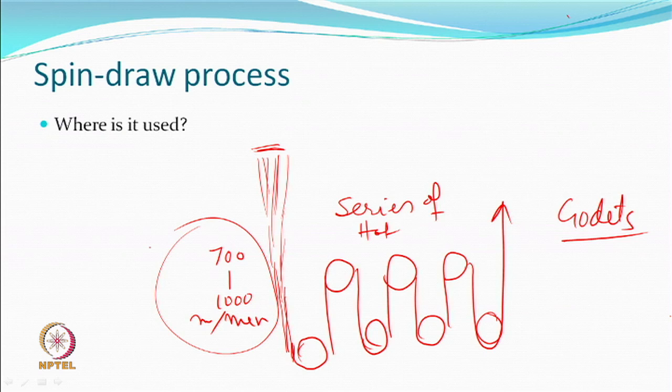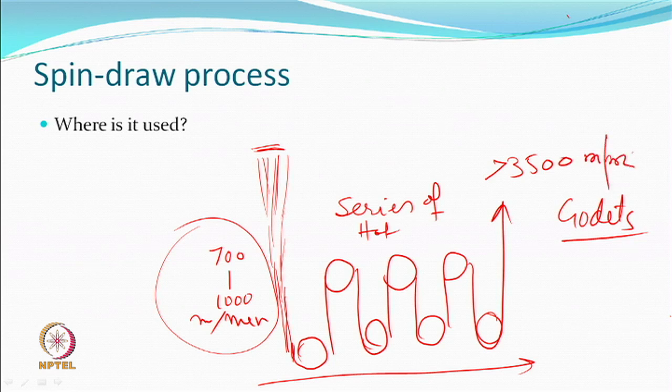So spinning speed is not high, but as it is being drawn along these godets, the speed keeps on increasing. The speed here could be more than 3500 meters per minute. That means at the end of this whole process called spin draw, you would have a fully drawn yarn.